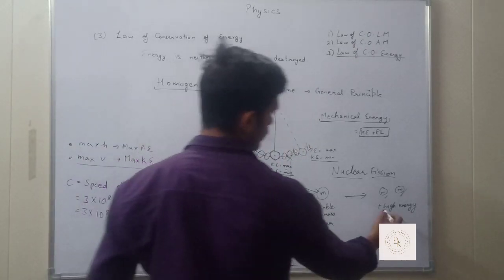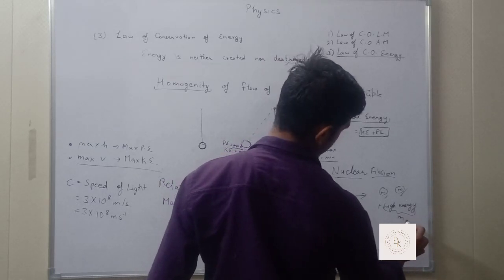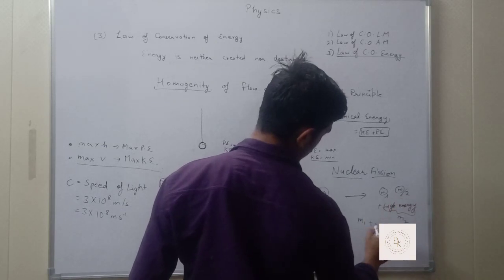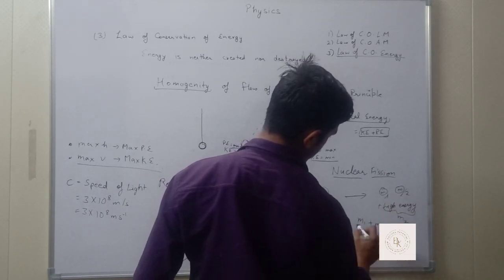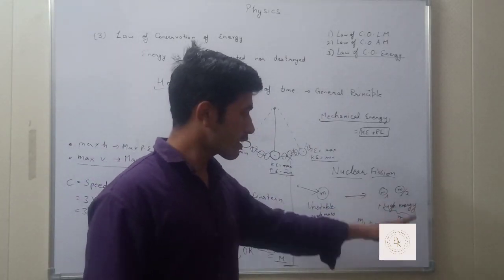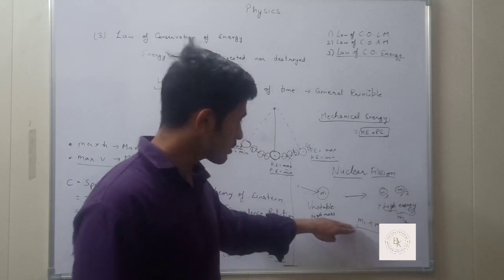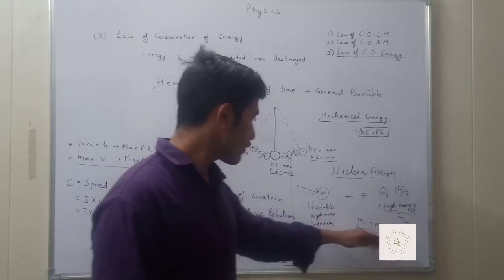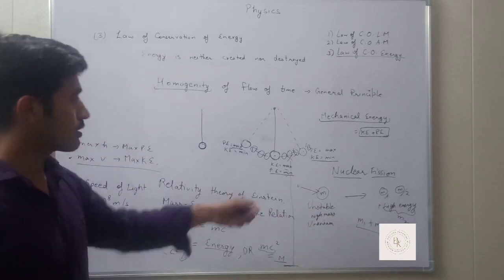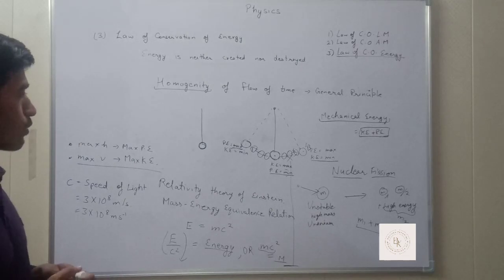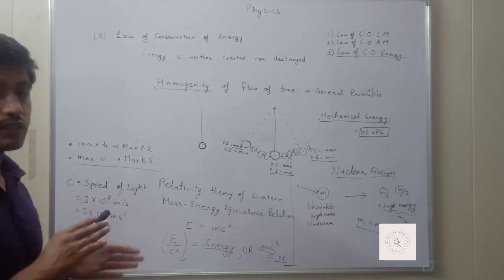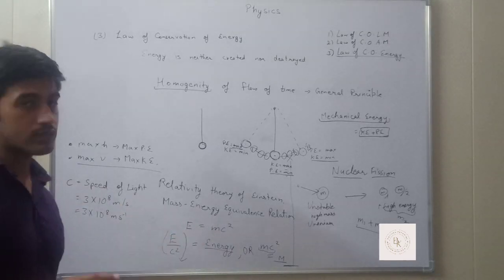If you convert this high energy into some mass, let's say mz, then m1, m2 and mz are the total mass on the right side, because the high energy is equivalent to mz. So the sum of m1, m2 and mz is equivalent to the unstable mass of the uranium here. This is the mechanism which says how mass and energy are conserved, but mass and energy are interconvertible. So this is the mass energy equivalence relationship.